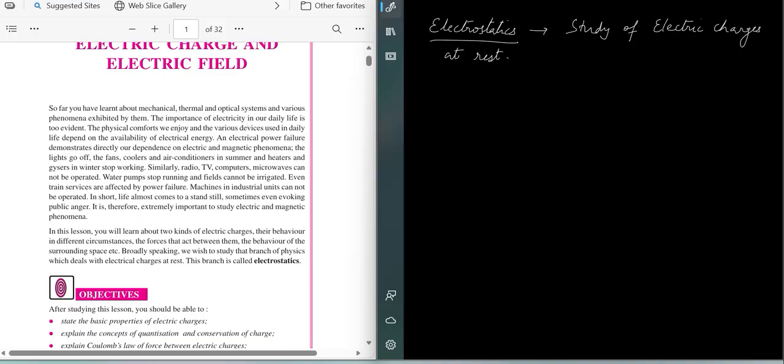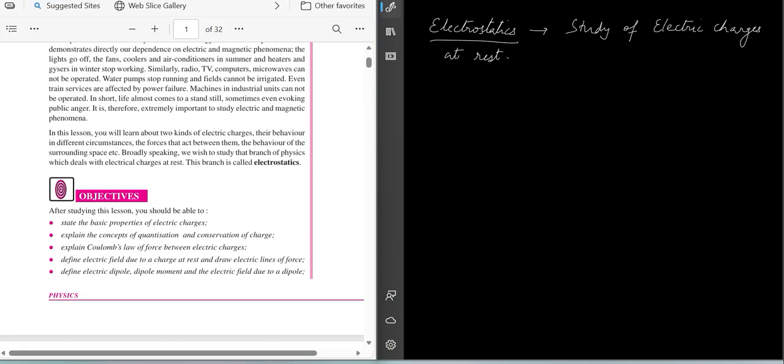So what are we going to learn? As you can see, we need to first see what the objectives are, so that we can check whether we have learned those objectives after we end the chapter. So, what are the objectives of this chapter?